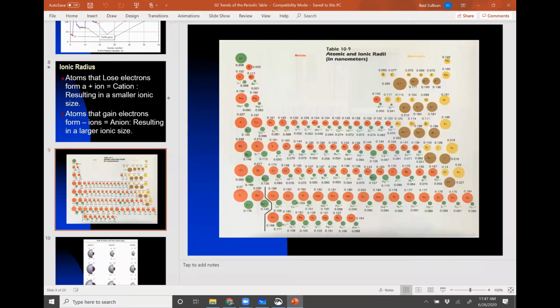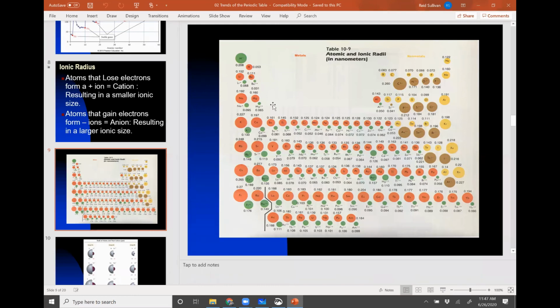There we go. So if we look at this periodic table, we can see both the neutral and the ionic radii. And as you can see, the positive ones, which are the green dots, are much smaller than their neutral counterparts, which are these orange dots.